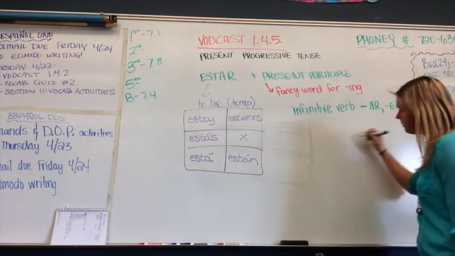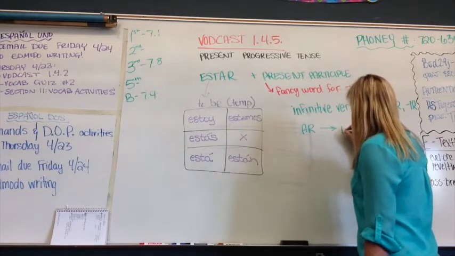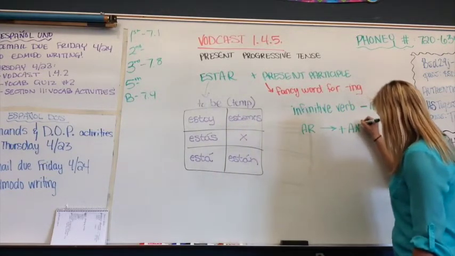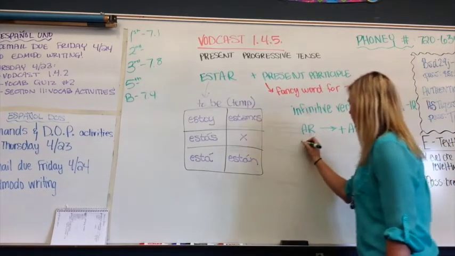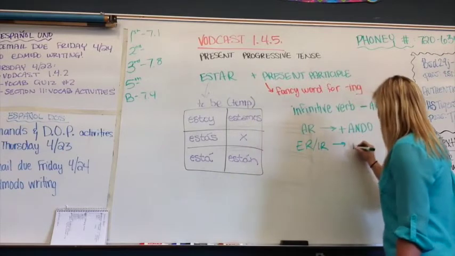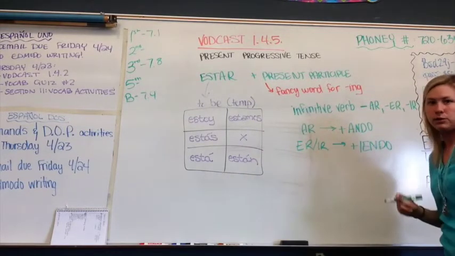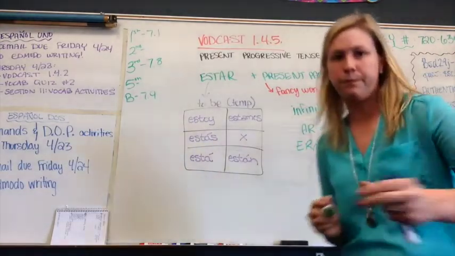So take that off, and then instead, for an AR verb, you're going to add ando. For an ER or IR verb, you're going to add yendo. So here's what I mean by that.